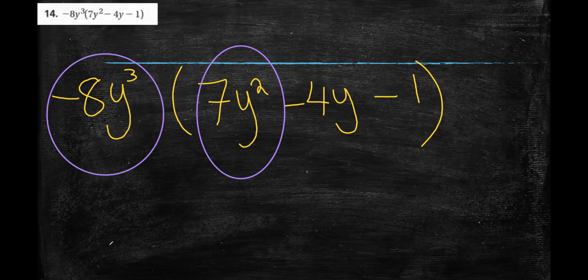Negative 8 times 7 is negative 56, y raised to the power 5. So I just multiply this monomial with each term.